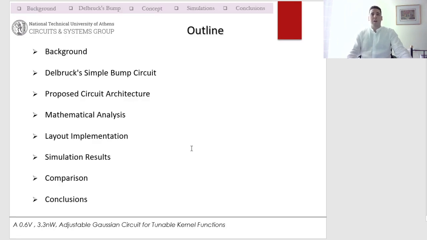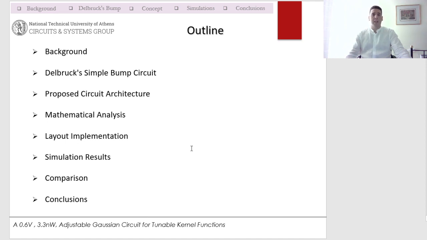The outline of our work is presented in this slide. It includes the following. Firstly, I will introduce the Gaussian function circuit, or as it is also called, the bump circuit, and its main applications. Then I will present the first bump circuit, which was implemented by Delbruck. Furthermore, the proposed architecture will be presented and analyzed.